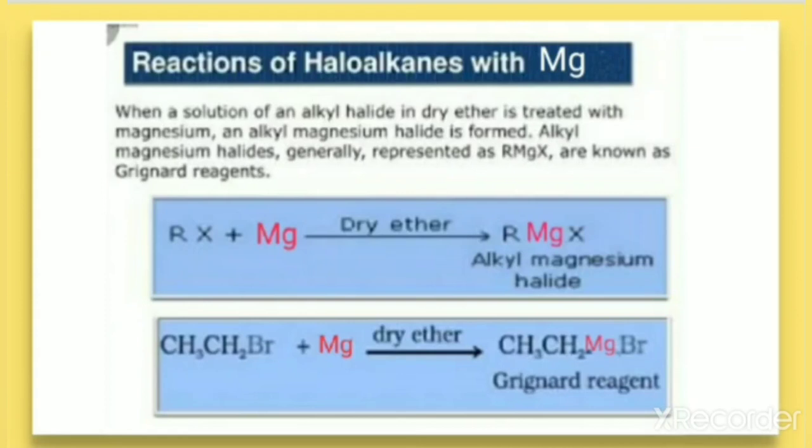This alkyl magnesium halide can be represented by RMgX, which is known as Grignard reagent. The product formed here is alkyl magnesium halide, which is commonly called Grignard reagent.